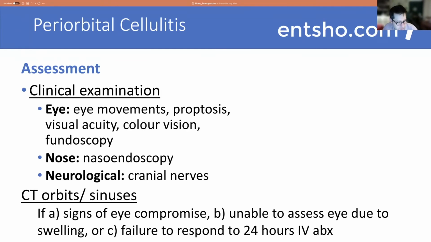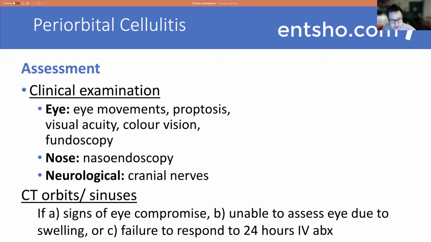So the things to actively evaluate really are, as we've mentioned already, the eye movements, looking for any cranial nerve palsies, proptosis, which may be suggestive of a collection pushing the eye forward, visual acuity, looking for any signs of compromise of the optic nerve, and color vision, again with compromise of the optic nerve.